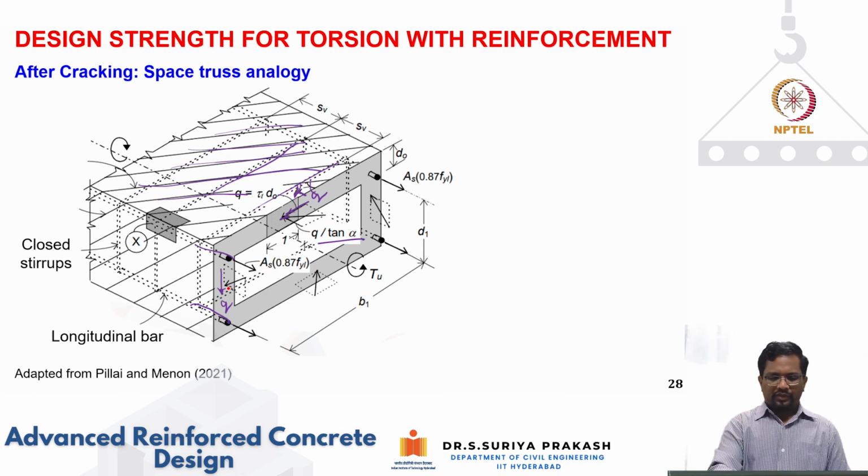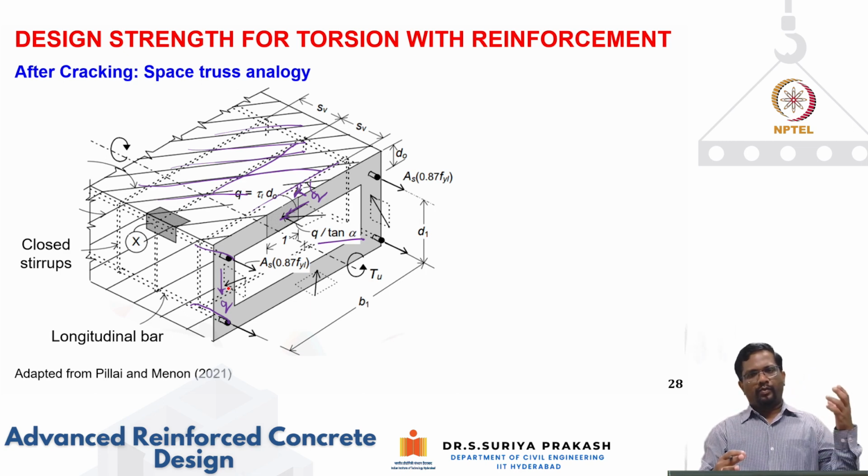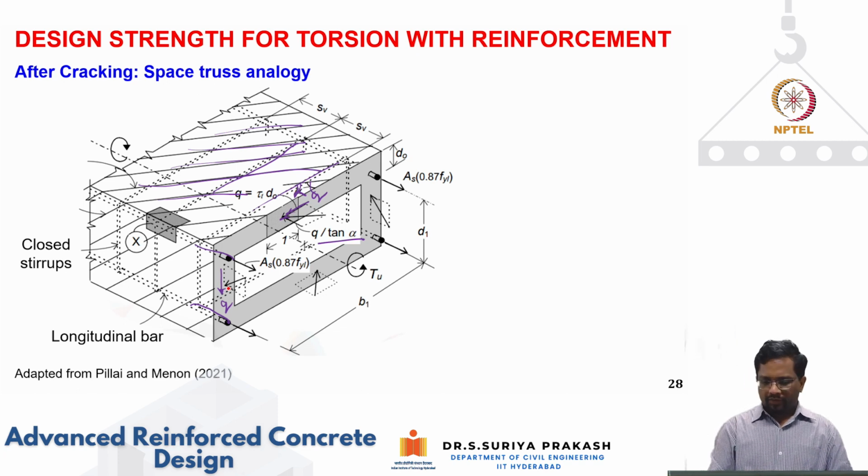So with this shear flow assumption and the cracking assumption of 45 degrees, I can simplify and find out the amount of transverse reinforcement and the amount of longitudinal reinforcement required to resist a particular torsion. So let's see how to do that.